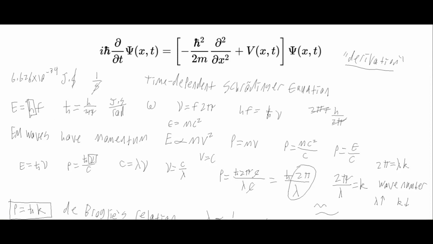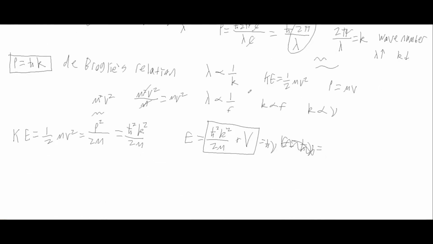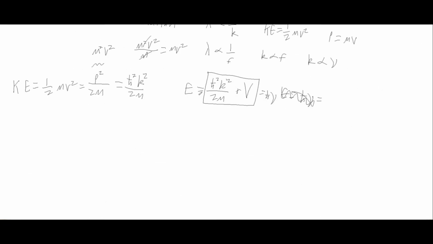We used the modified version of the Planck's constant, and so we had hf equals the h bar nu, which was equal to energy. And so we know that energy equals this equals the h bar nu. I'll even add that into our box here.